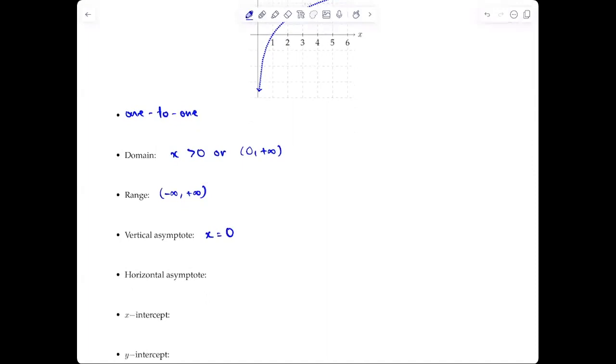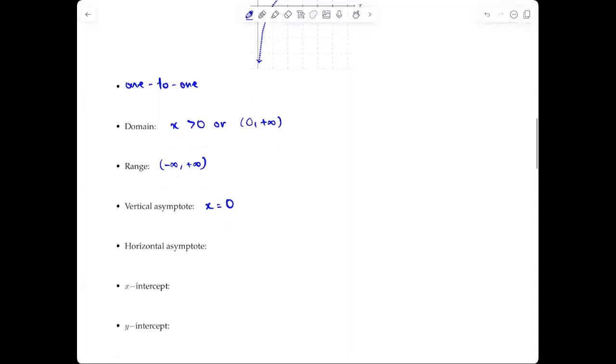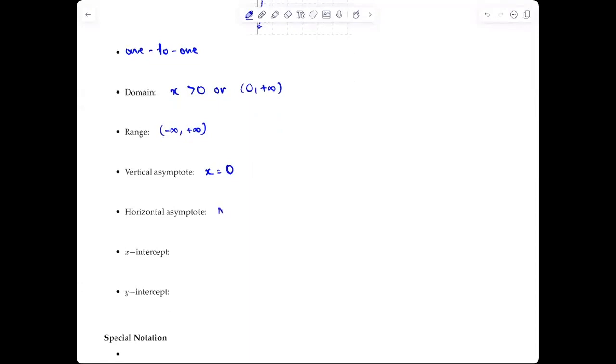Again, it depends on the function you are dealing with. You can do a horizontal shift or vertical shift, and then you can have a different vertical asymptote. In this case, the vertical asymptote is x equals 0, and there is no horizontal asymptote.